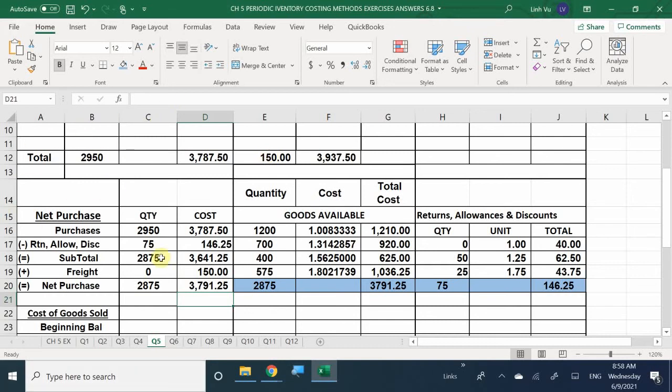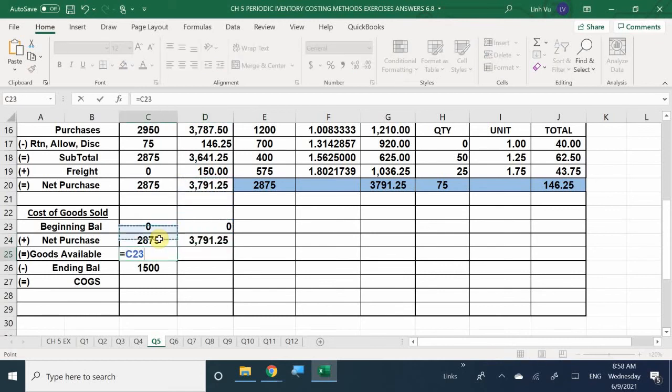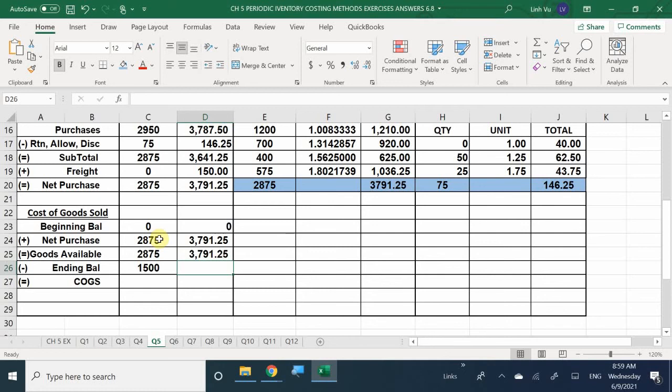And because we don't have beginning inventory, and we carry down our net purchases, your goods available is going to be your net purchases. So when we calculated everything, everything looks exactly right.